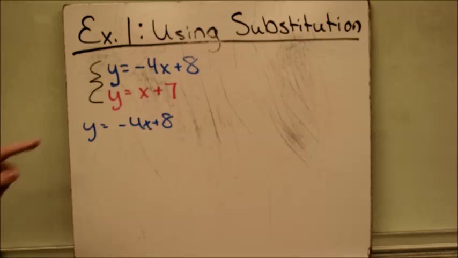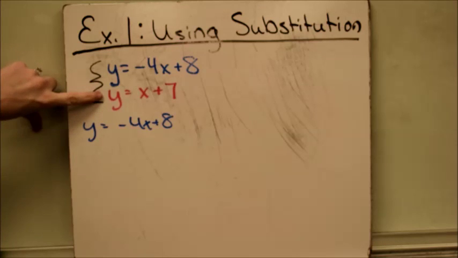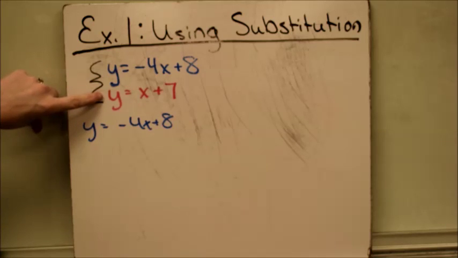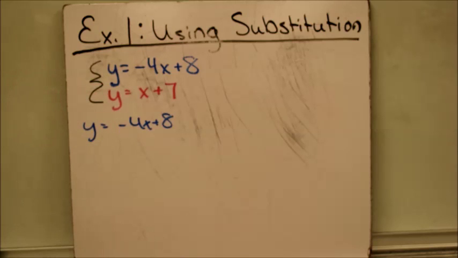Then we're going to take the second equation, and if it wasn't already solved for one variable, we would solve it. But in this case, y is by itself on one side of the equation, so we're good. So we're going to replace y in this case with x plus 7.